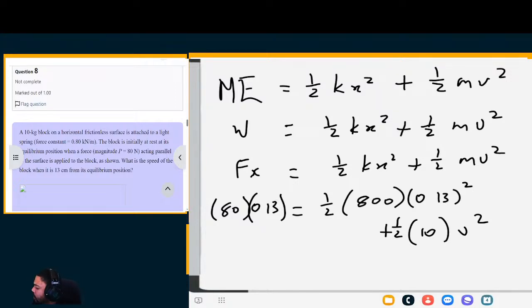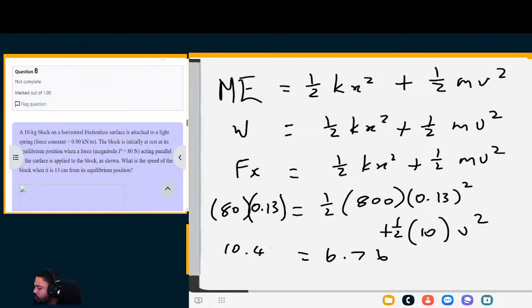Now if you were to work out v, let me rewrite it. 80 times 0.13 is 10.4, which is equal to 0.13 squared times 800 times a half, which is 6.76.